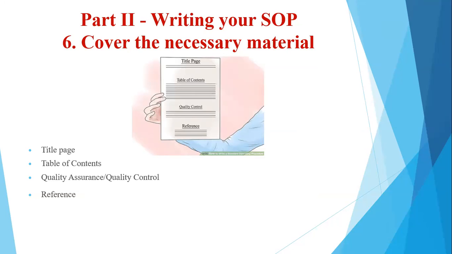Now, this may or may not include other documents like the performance evaluation samples for the purpose of checking the quality, okay, or assuring the quality and so on. So this third content is for quality assurance, and then is reference.